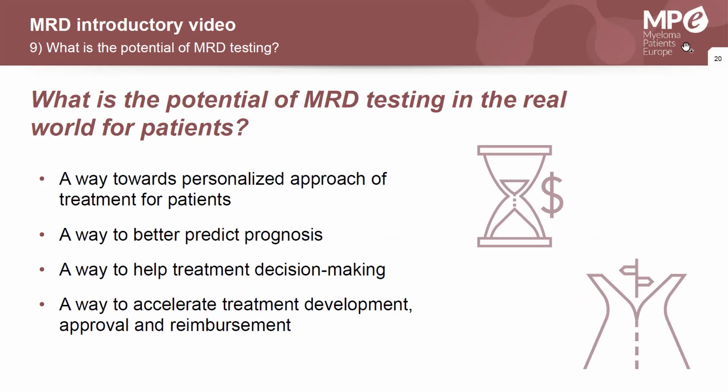So what is the potential of MRD testing in the real world for patients? The use of MRD has the potential to be an important improvement and step towards a personalized approach of treatment for patients. MRD could be predictive of the expected prognosis, for example, the expected development of the disease and the time the patient may have with or without treatment. It could allow fine-tuning of the stop, pause, or continuation decisions regarding treatment.